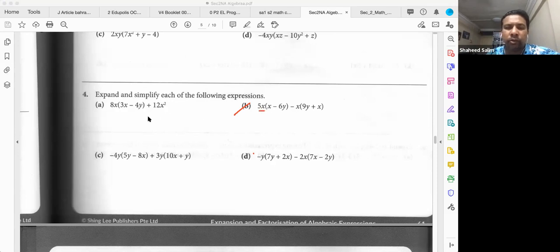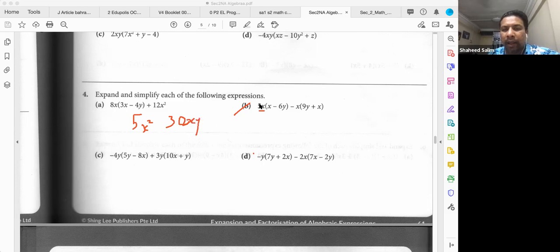5x times x. What do you get? You get 5x squared. You take number times number. So 5 times 1. Now down here actually there's a 1, but they don't write. 5 times 1 is 5. X times x is x squared. Then 5 times 6, 30. So 30 is the next one. X times y is xy. So what about the sign? Well, the sign, let us see.